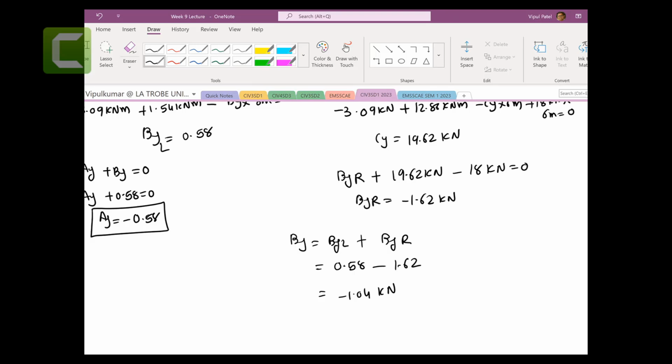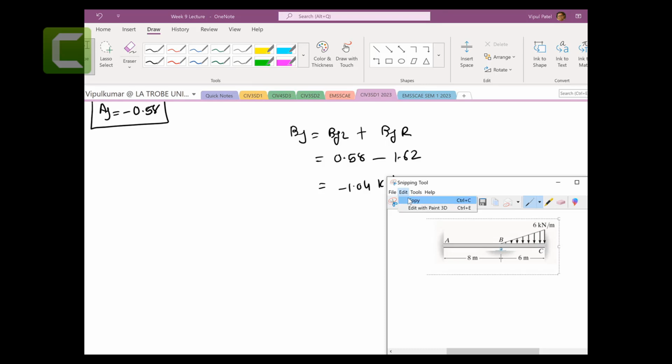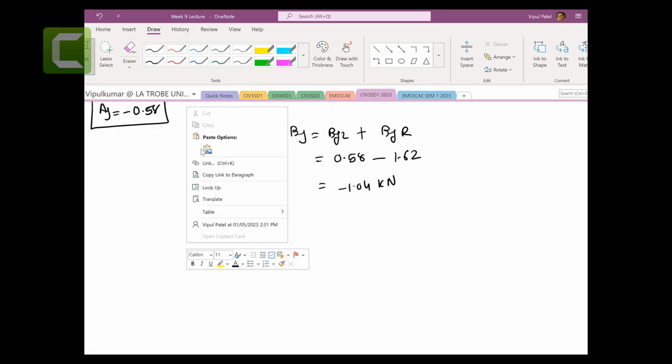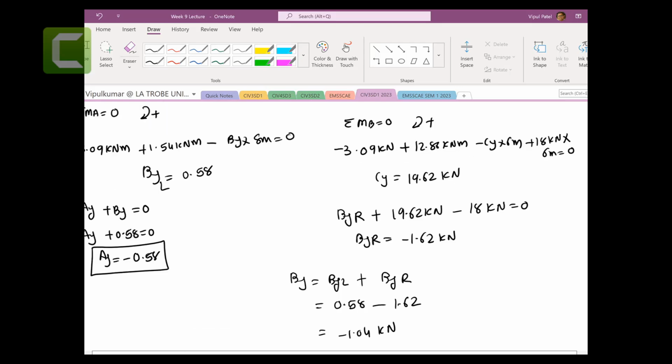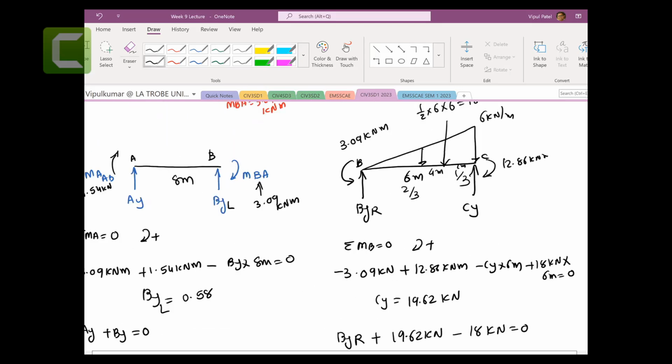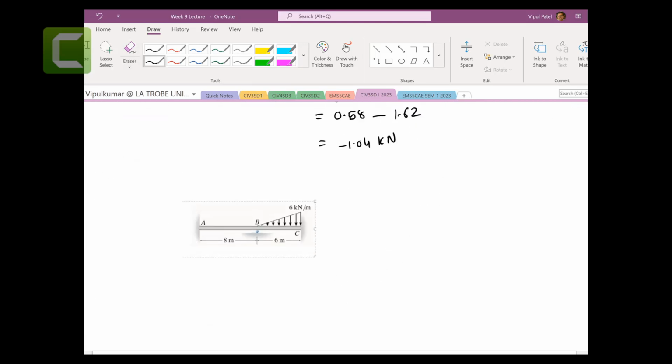So if I put the reaction forces on the figures, copy and paste. This reaction force we already got from the moment, 1.54 kilonewton meters, the reaction moment.